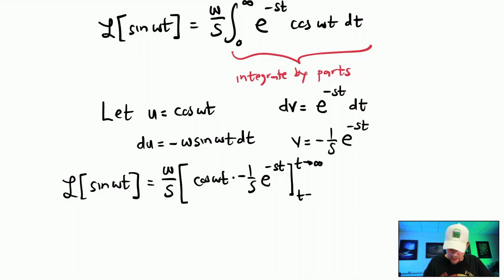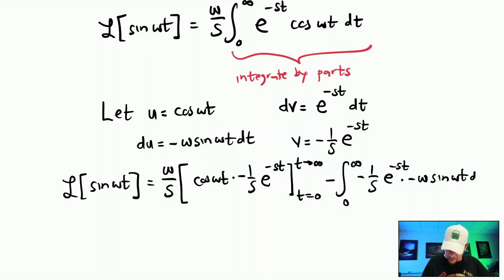And then minus the integral from 0 to infinity of v du. So here we have minus 1 over s e to the minus st times minus omega sine omega t dt. And I have to be careful to put all of that in parentheses.